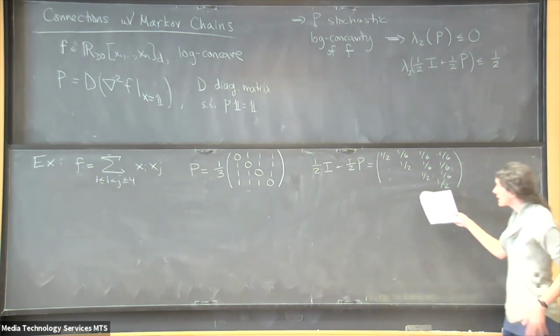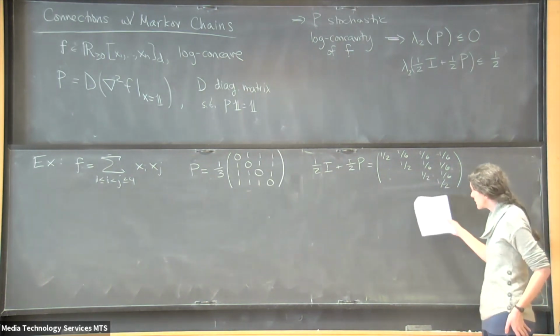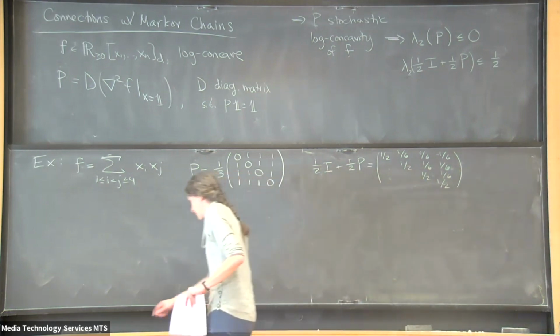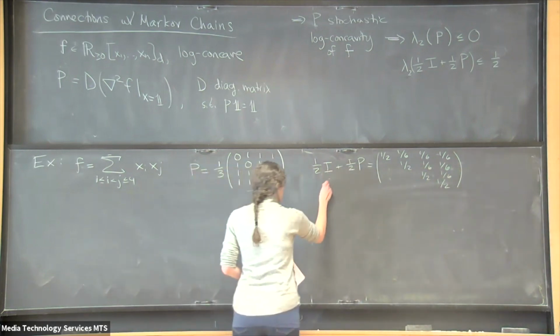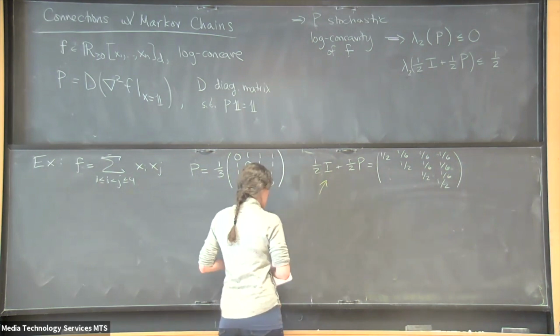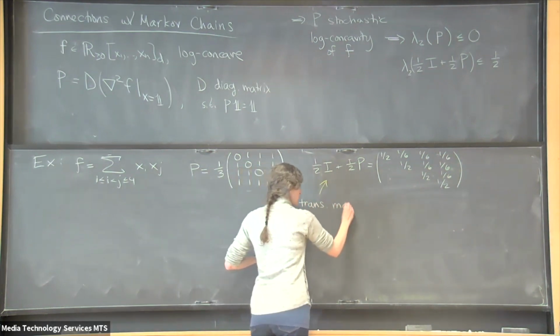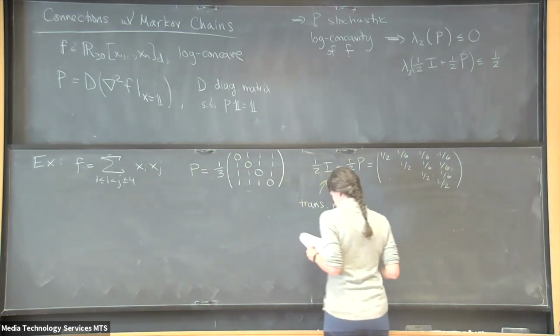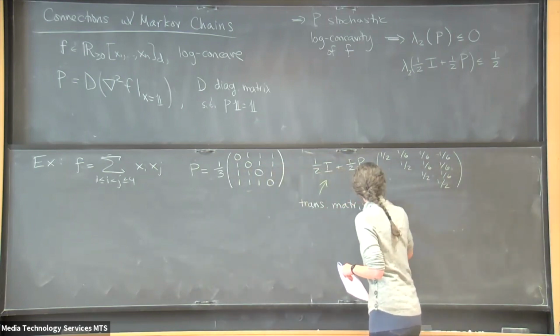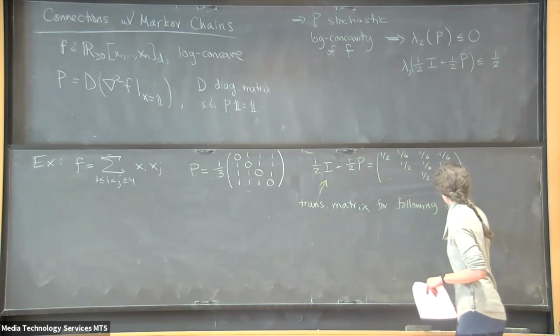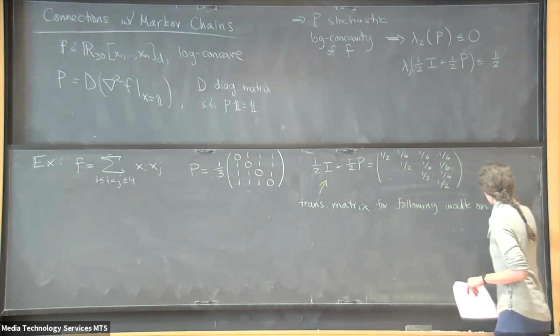And what's the point? I claim that this is the transition matrix that I would get for the following walk on the numbers 1 through 4.